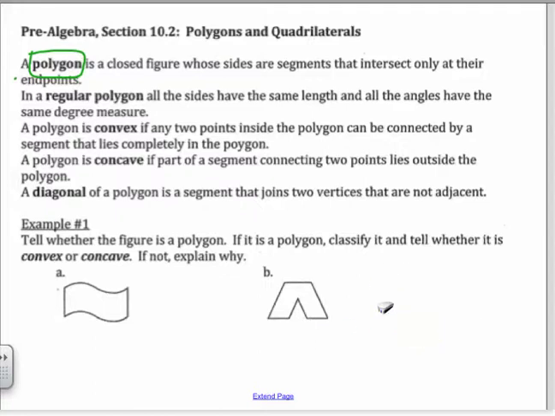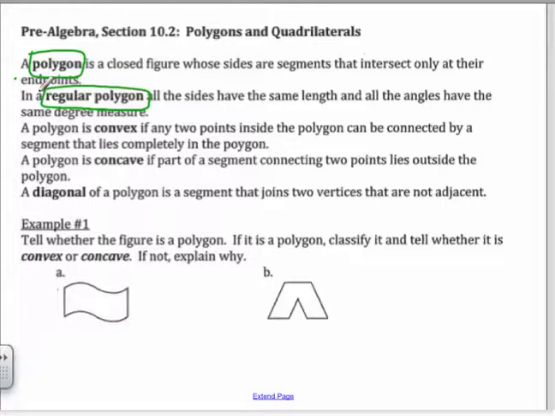Good. Now, in a regular polygon, all the sides have the same length and all the angles have the same measure. So an equilateral triangle is a regular triangle.